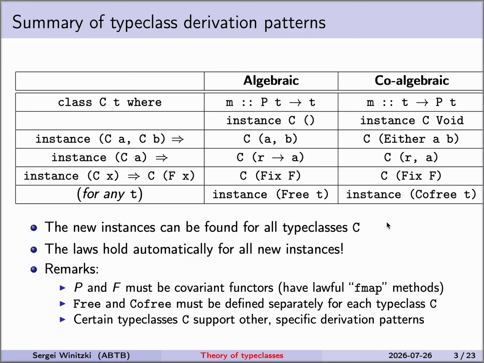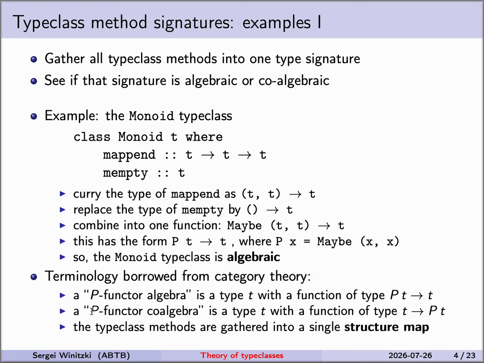Also in category theory, there's something called a P functor coalgebra, or a functor coalgebra, or a P or F coalgebra, or something like that. But I will always be saying P functor coalgebra for clarity. And that's a type T and a function of type T to P T. That's just how it is defined. And so the functions of these types, P T to T or T to P T, are called structure maps in category theory.